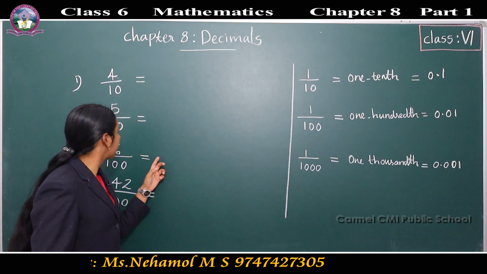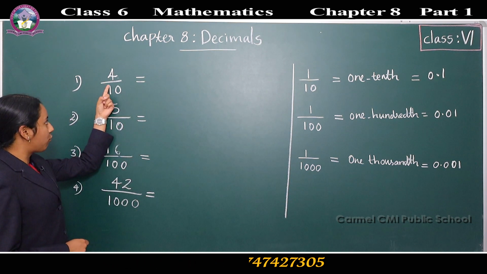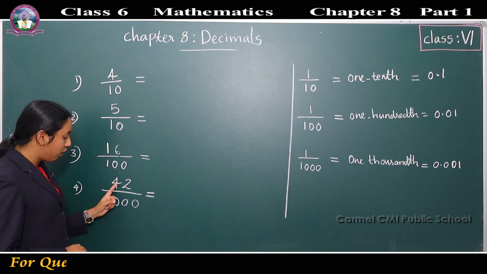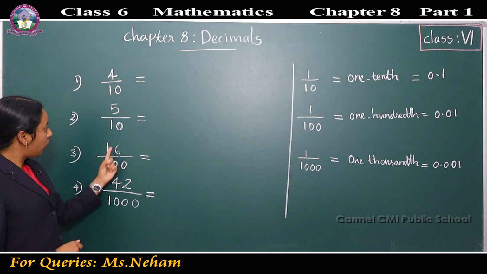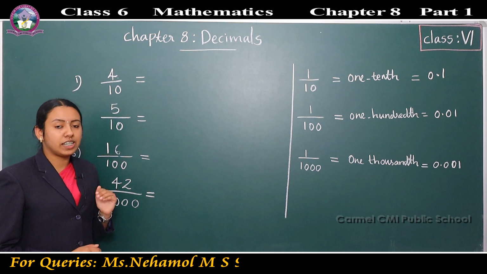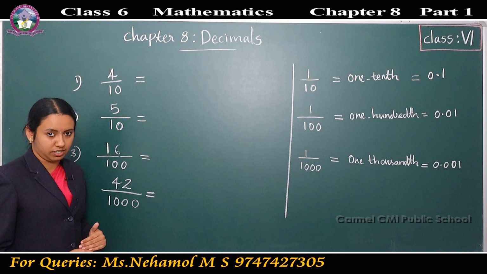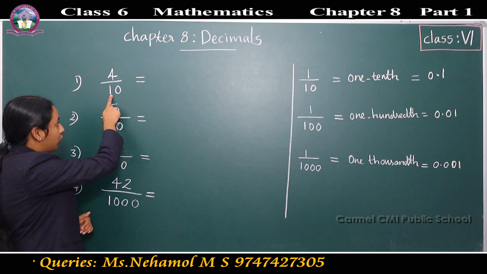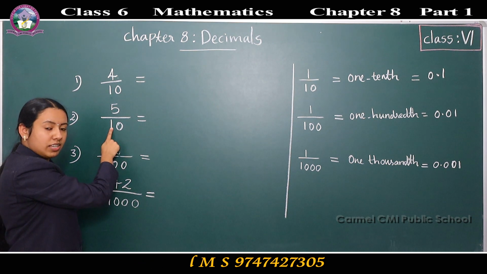Now listen here. Some fractions are given. First one 4 by 10, next one 5 by 10, 16 by 100, 42 by 1000. All these fractions have denominator as 10 or powers of 10. For the first one, 4 by 10, the denominator is 10. For the second one, the denominator is 10.